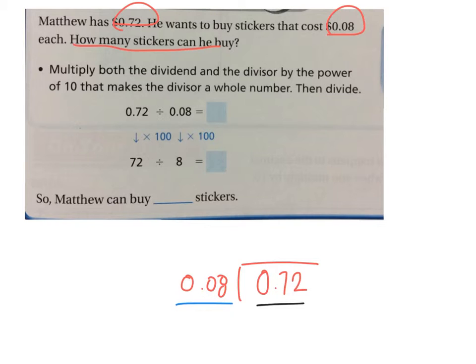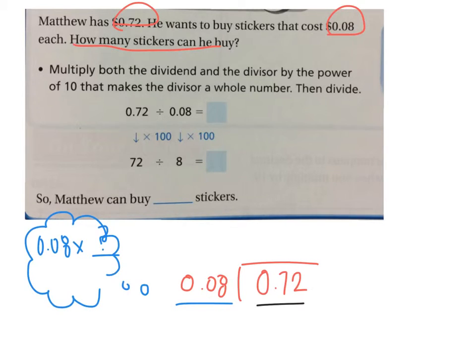Do we have a decimal in our divisor? So we don't want that. We want to multiply our divisor by a power of 10 until it's a whole number. What number would I have to multiply 8 hundredths by in order to become a whole number?